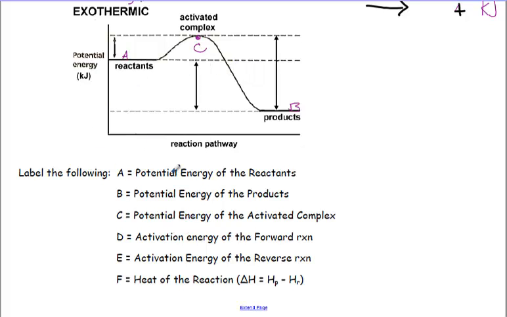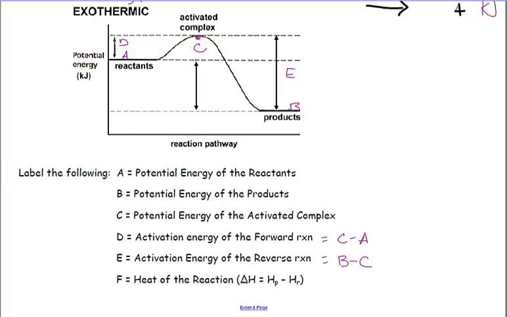Activation energy of the forward reaction would be this arrow here, so we're going to put D, and we could say that D is equal to C minus A. And then the activation energy of the reverse reaction is going to be this arrow here, which is going to be E, and that is equal to B minus C.